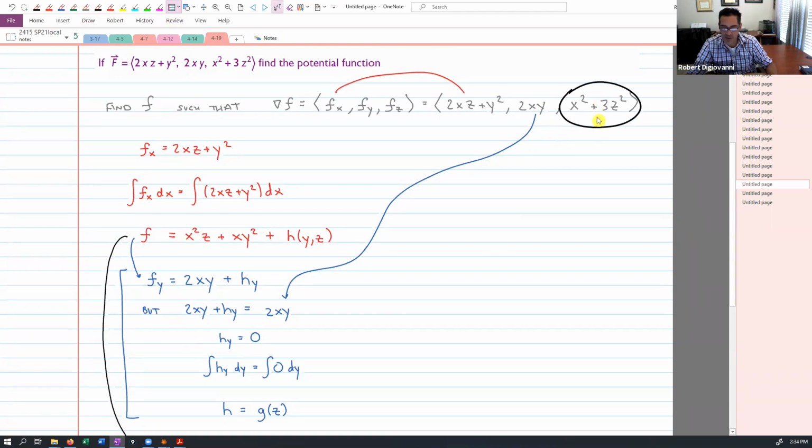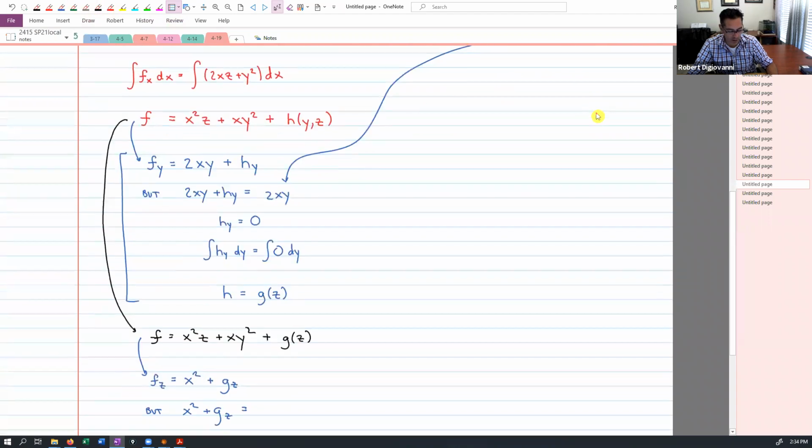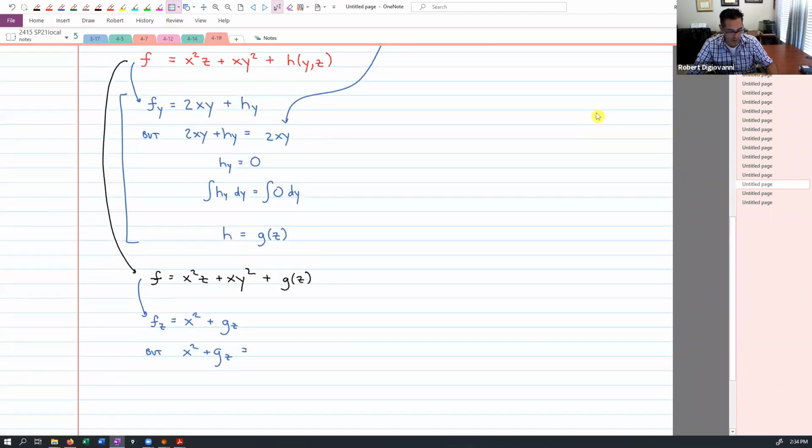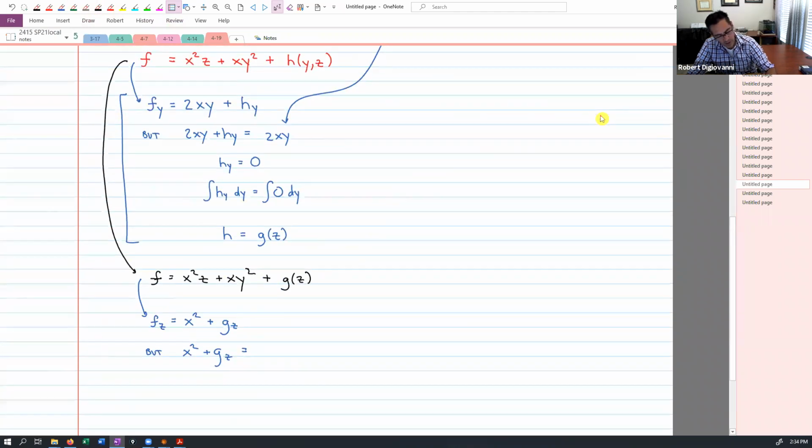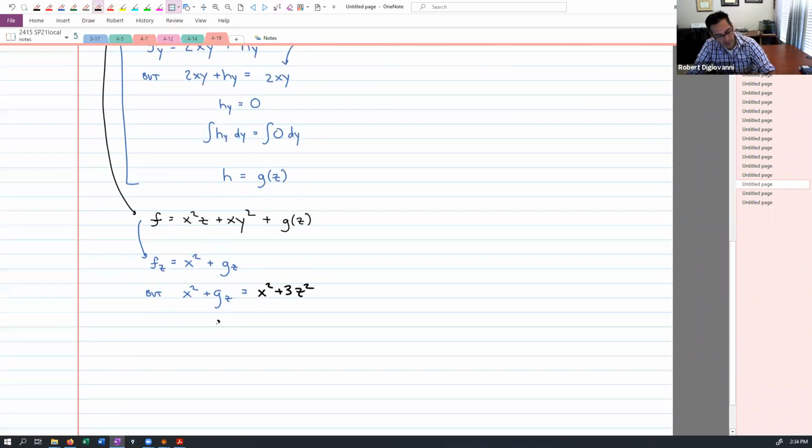It's got to match this last piece. So it must be x squared plus 3z squared. The x squareds cancel, and you get partial g with respect to z is equal to 3z squared.